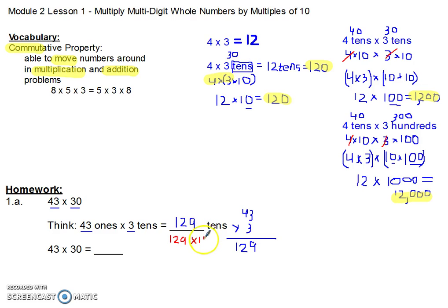And we know that when we multiply by 10, we add that 0 to the end. So your answer down here, 43 times 30, would be 129 adding the 0 on, so it would be 1,290.